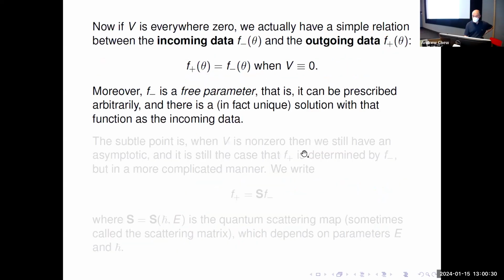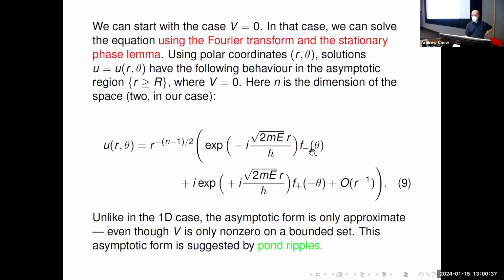And so, in fact, you can think of F minus as a free parameter. For every F minus, you can find a solution to Schrödinger's equation that looks like this. But then if you prescribe F minus, F plus is actually determined, which makes physical sense. If you determine what goes in, then that should determine what comes out.